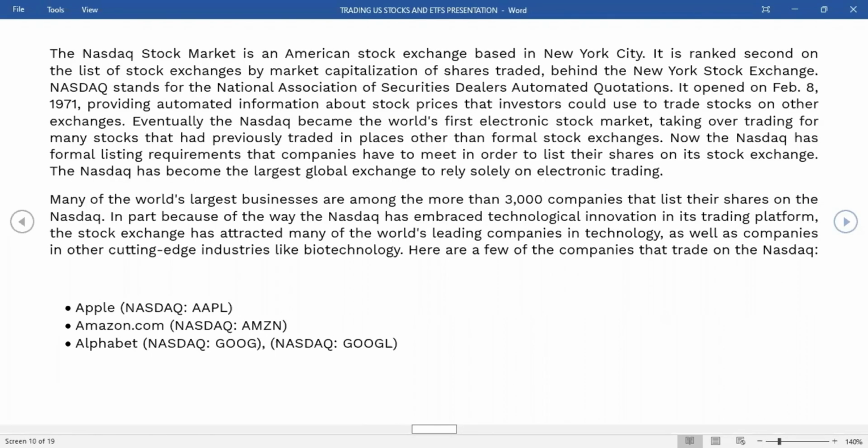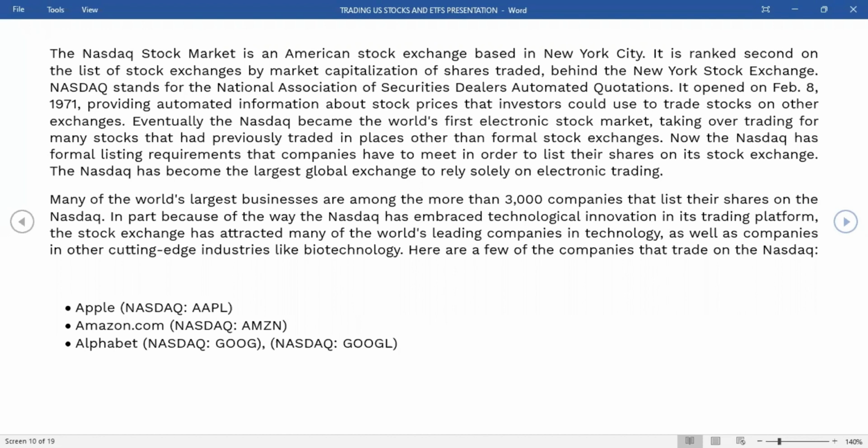The Nasdaq Stock Exchange is an American stock exchange based also in New York City. It's ranked second in the list of stock exchanges by market capitalization, behind the New York Stock Exchange. Nasdaq stands for the National Association of Securities Dealers Automated Quotations.